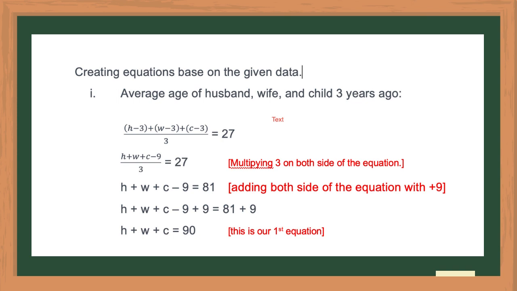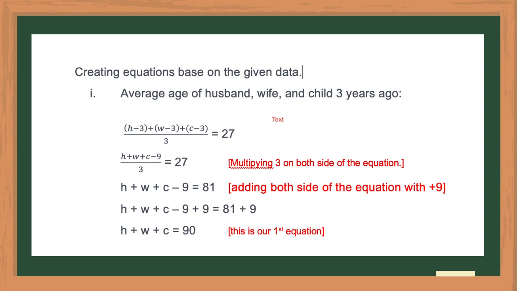The first equation: the average age of husband, wife, and child 3 years ago. We just subtract 3 from all ages. So this will be h minus 3 plus w minus 3 plus c minus 3.